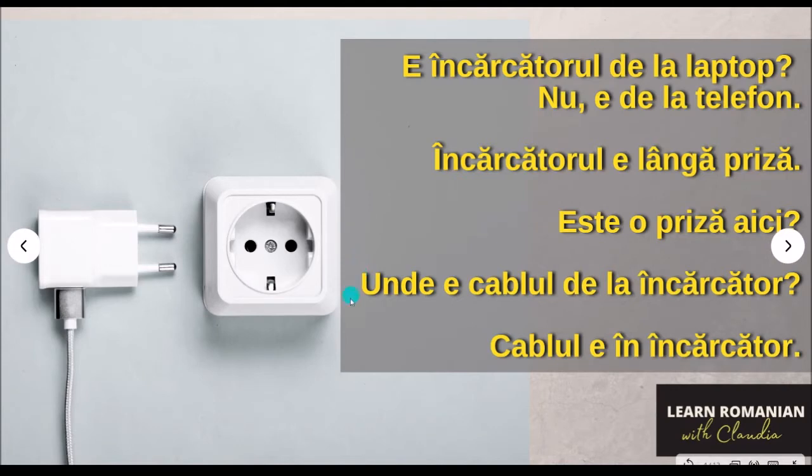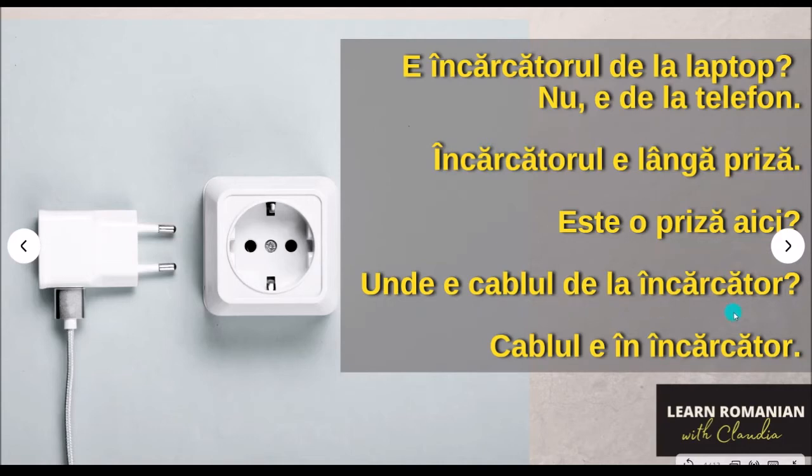Unde e cablul de la încărcător? Where is the cable? See, ul, it means the cable, de la, from, încărcător, charger. So, the cable has a definite article because it is a subject in the sentence.